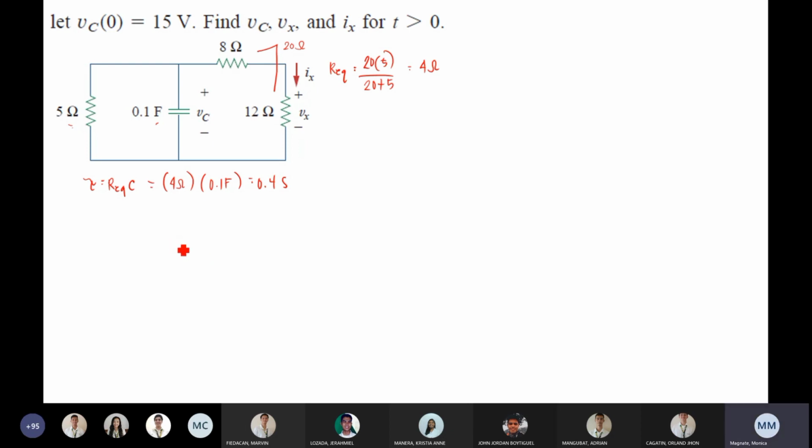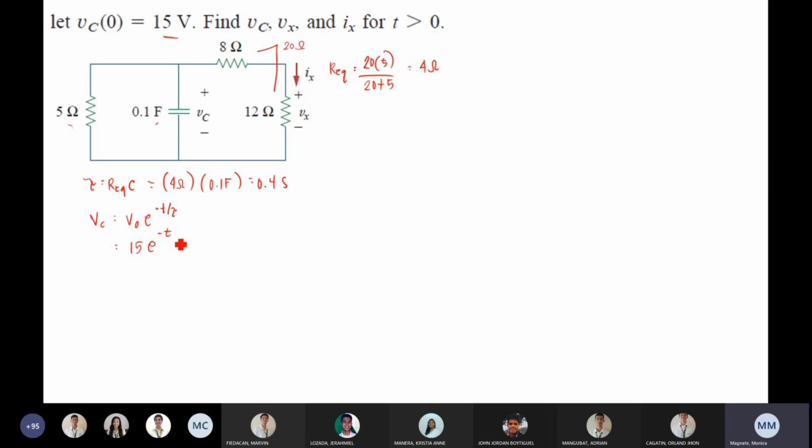Sunod, anong makukuha natin, yung voltage kay capacitor. Ang formula natin kanina, V sub O e raised to negative t over tau or RC, no? Yung V sub O na given is 15 volts. Then, e raised to negative t over 0.4, yung tau natin.